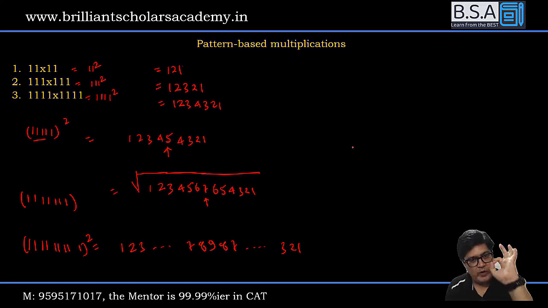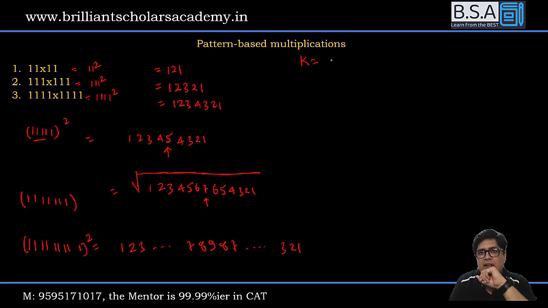As homework, you guys will do this, and I want you to comment this in the Telegram group. And I do this to all batches. See, there's a limit to it, and I'm going to break that limit. This is what CAT does. I'm saying there's a number K. That number is 111, 12 digits.